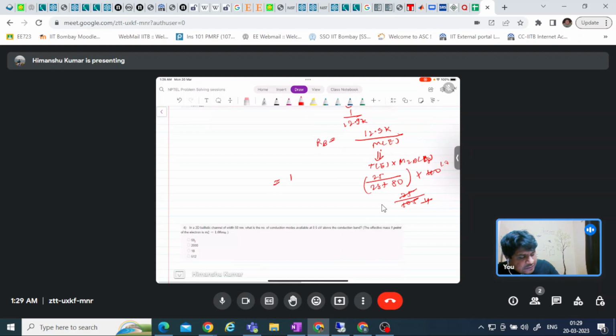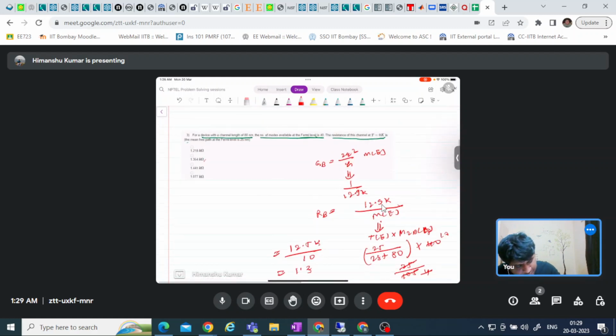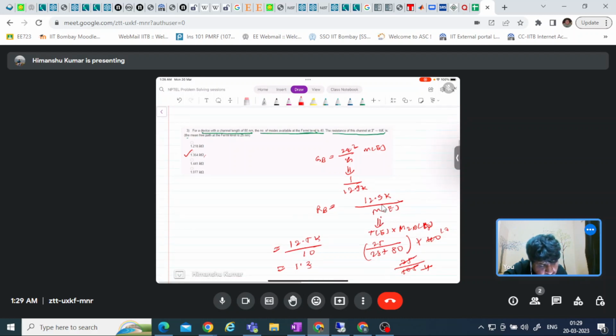So this resistance will be 12.5 k divided by 10, which will be equal to 1.25 or 1.3. If you calculate exactly, it will come around 1.354.